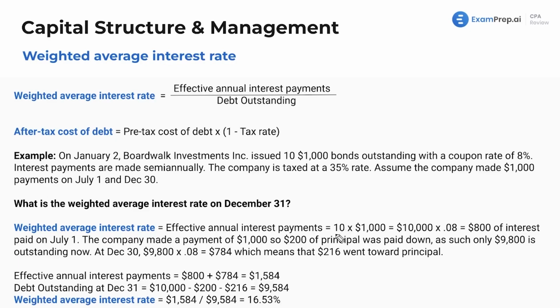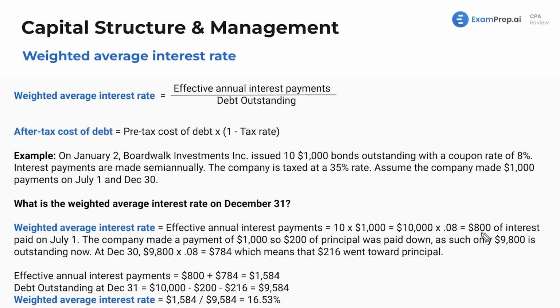Okay, we have 10 bonds, $1,000 each. So we've got $10,000 of bonds times 8%. That means that $800 of interest paid on July 1st. The company made a payment of $1,000, which you may have noticed. So that means that $200 of the principal was paid down. Because think about it like your credit card.